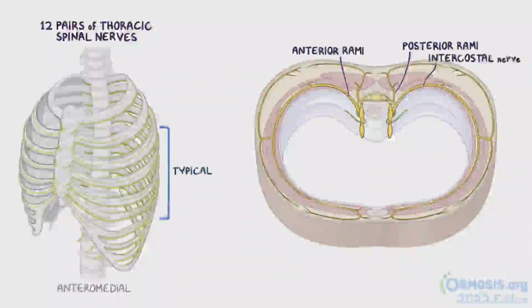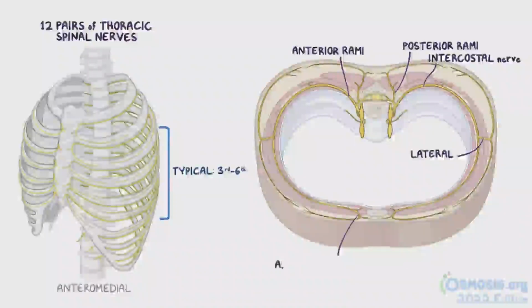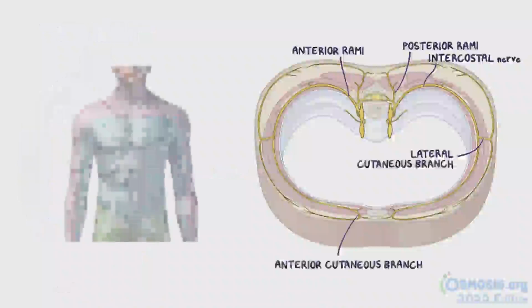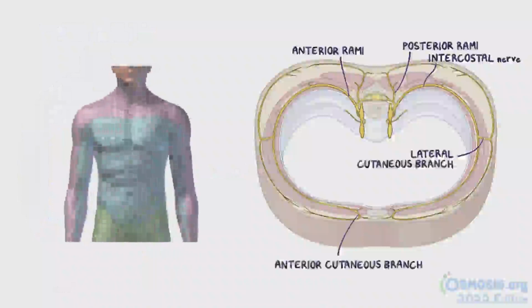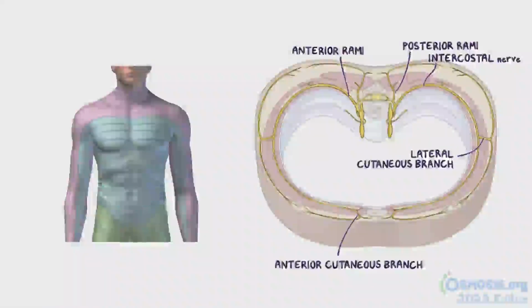The typical intercostal nerves are the 3rd through the 6th intercostal nerves. Through the posterior ramus and the lateral and anterior cutaneous branches of the anterior ramus, the cutaneous branches of the T2 through T12 thoracic spinal nerves supply the dermatomes of the trunk that extend from the posterior median line to the anterior median line.